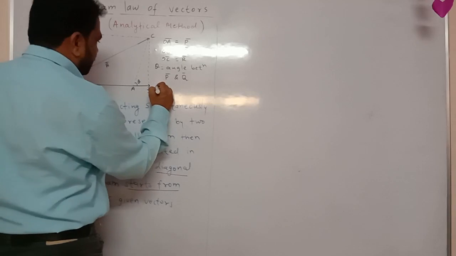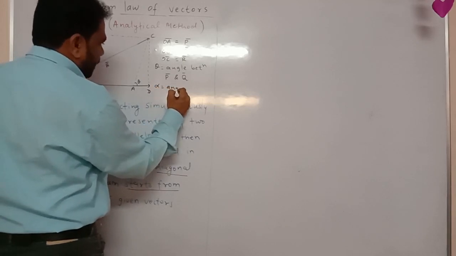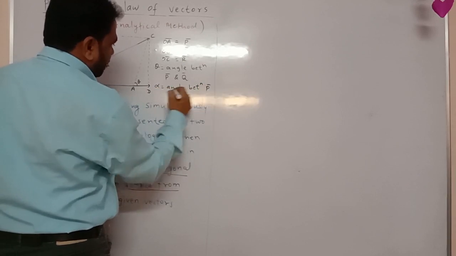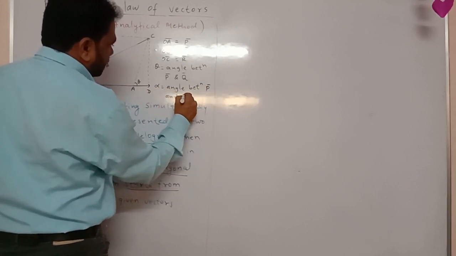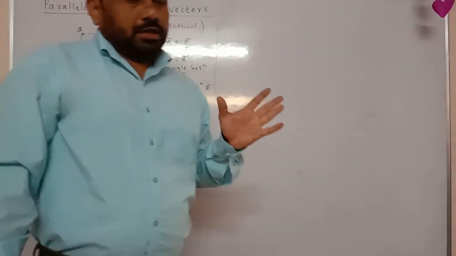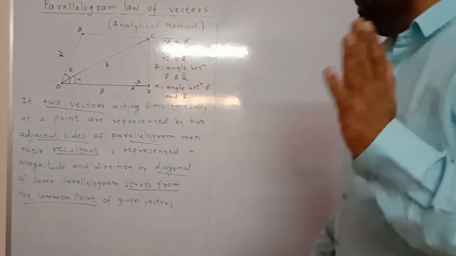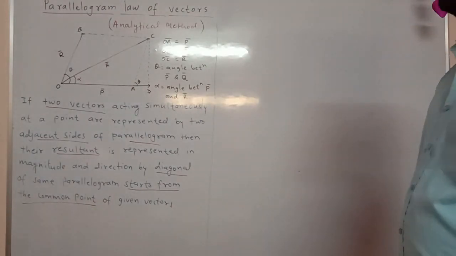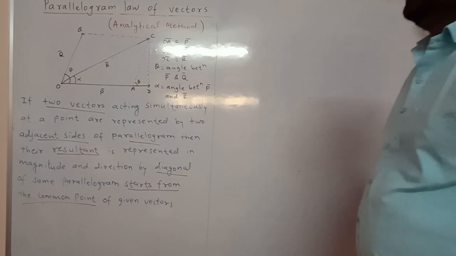Then alpha is the angle between vector P and resultant vector R. Okay, so this is about the diagram. Now see, from this diagram we first have to calculate the formula for the resultant, means how we can calculate the resultant of this diagram.